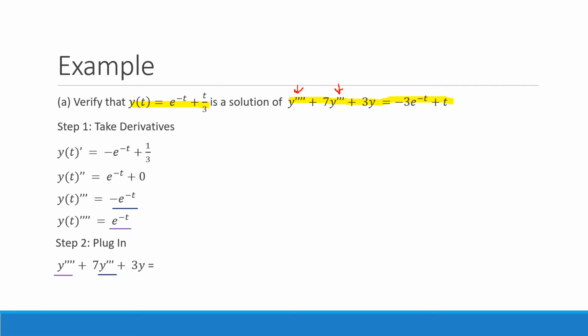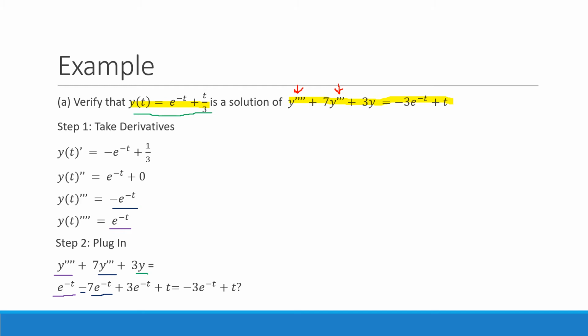And finally, we have y, which we get from our solution, and we plug that in here, again, making sure to distribute out that coefficient of 3. So we end up with this equation where our fourth derivative of y is here. Our third derivative of y is this negative sign because we keep that, we're distributing that. And then our e to negative t.